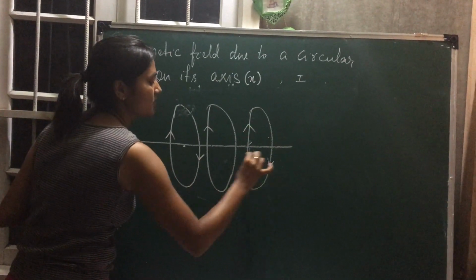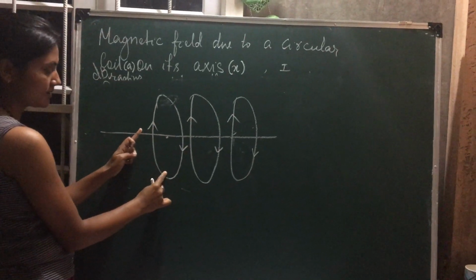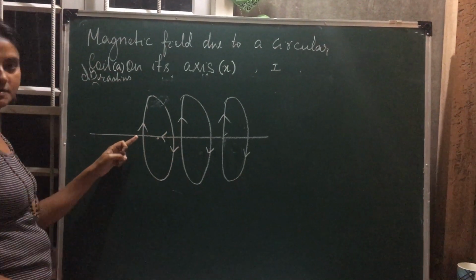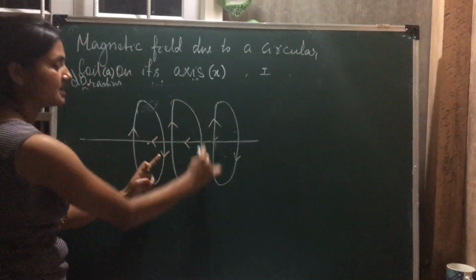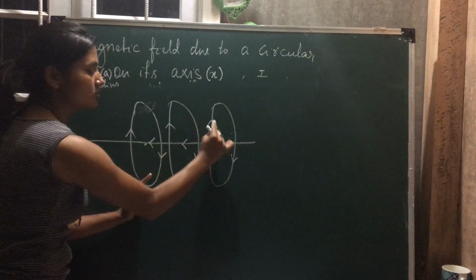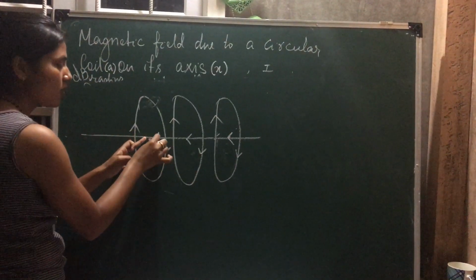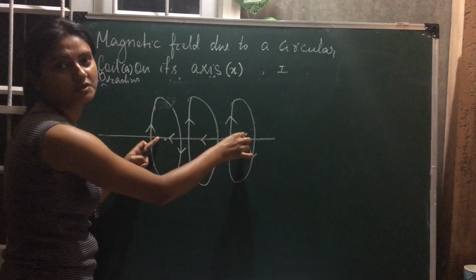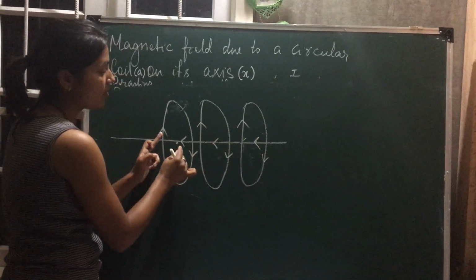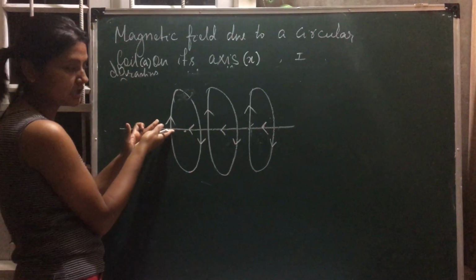Now due to this loop at the center, the magnetic field is directed this way. Due to another loop also, the magnetic field is directed in the same way. Due to another loop also, the same way. That means all the magnetic fields will add up, right or not? All the magnetic fields will add up because nobody will oppose each other.